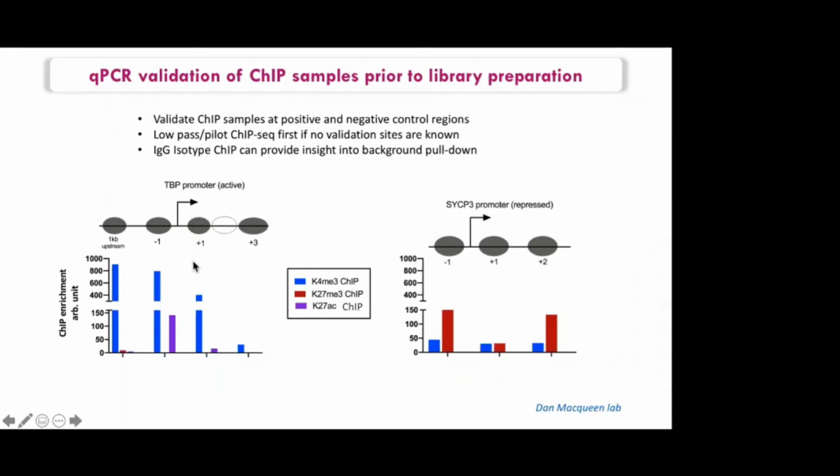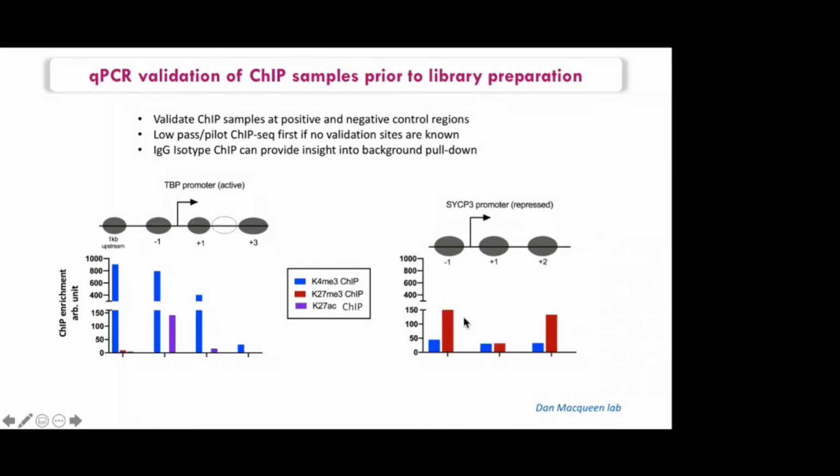We validated these ChIP samples at one active locus, the TATA-binding protein promoter, and one repressed promoter. As expected, the activating histone marks, in blue and purple, are enriched at the TATA-binding protein promoter, whereas at the repressed promoter, you would see enriched levels of K27 trimethylation, which is a repressive mark.